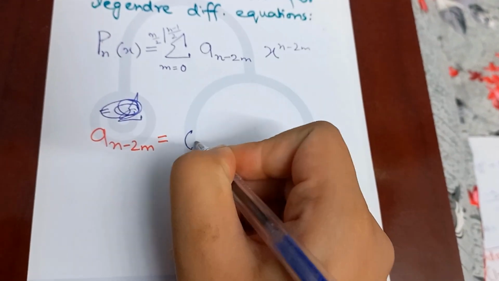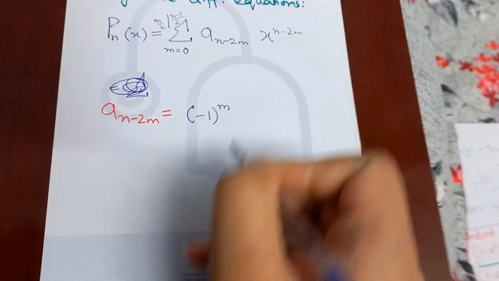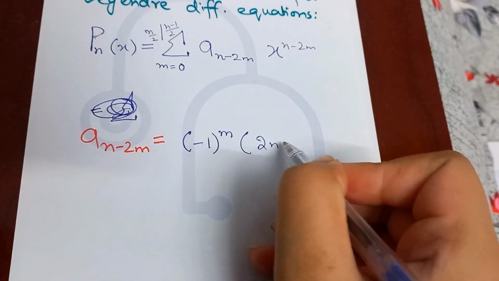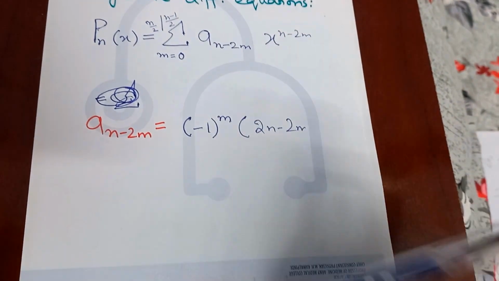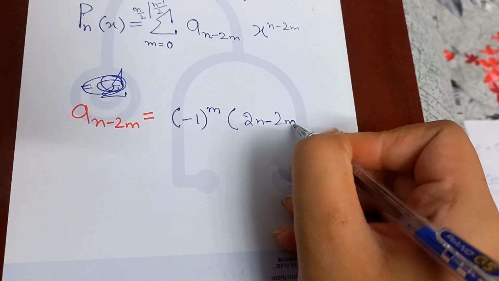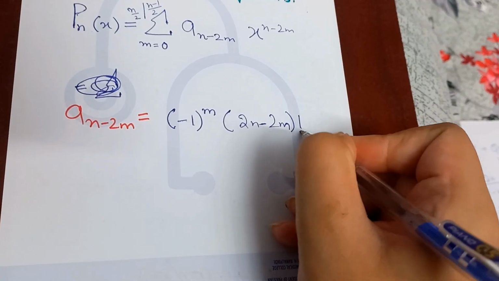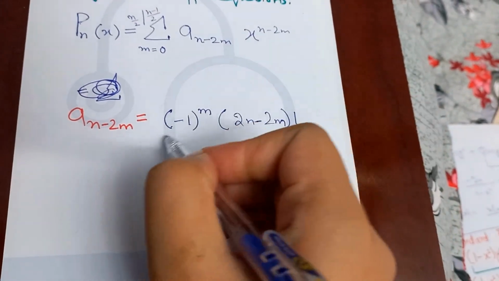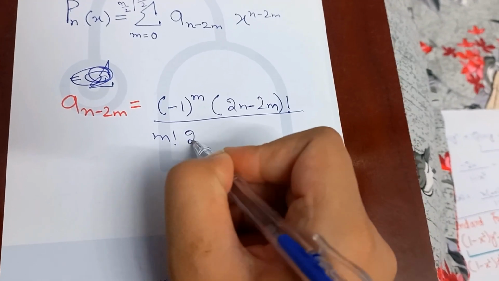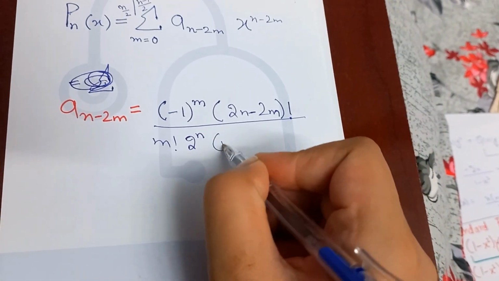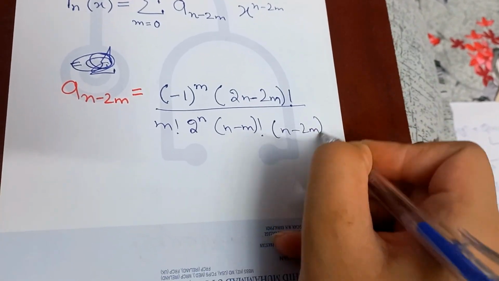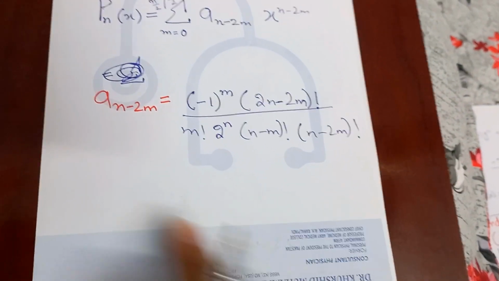This is equal to minus 1 to the power m, (2n minus 2m) factorial, divided by m factorial, 2 to the power n, (n minus m) factorial, then (n minus 2m) factorial. This is the value of this coefficient.